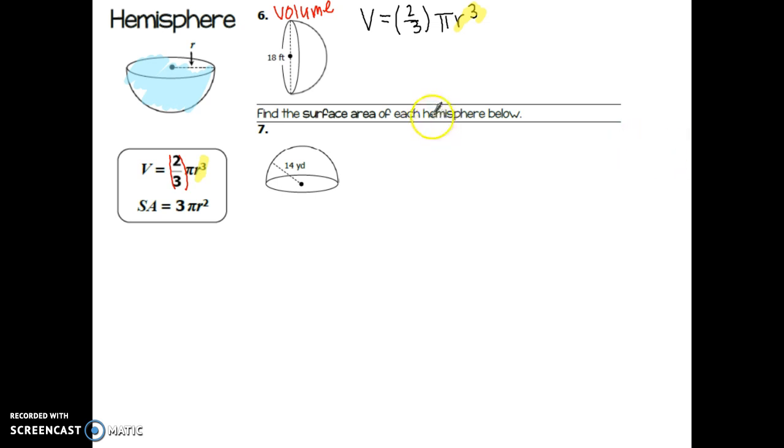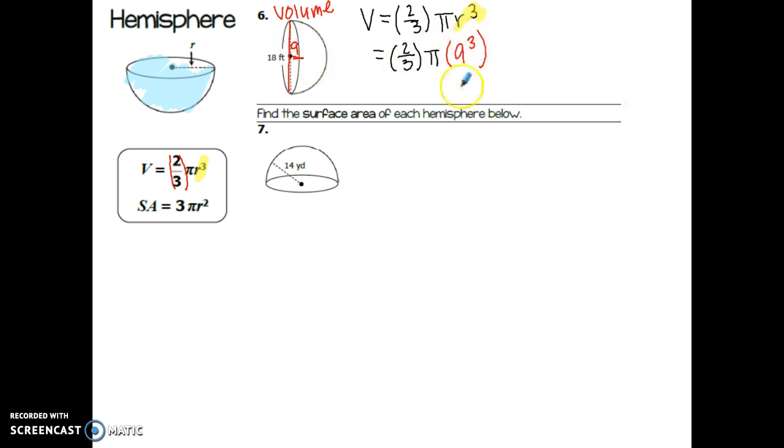So I'm going to take that, I'm going to say 2/3 pi, and I am given my entire diameter, so this is 18, then I know half of that, my radius here, is going to be 9. So here we are going to cube 9.